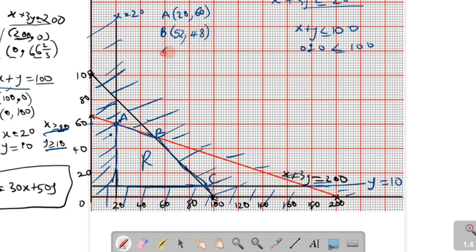Then I'm going to read that off again. So point C is, this is 80, 82, 84, 86, 88, 90, 92.